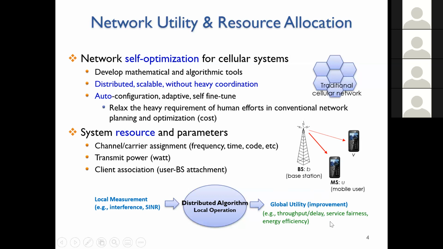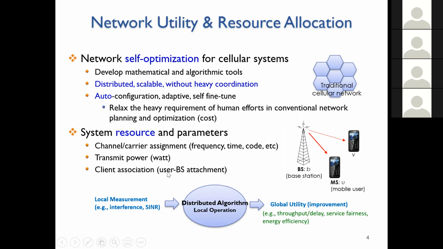At the end, I can make a decision in a distributed manner, such that the throughput of the users in the network, if I define it as a sum rate, will be maximized. Or if I define it as proportional fairness, it will be maximized. You can define what you like: throughput, energy efficiency, fairness, or a function.